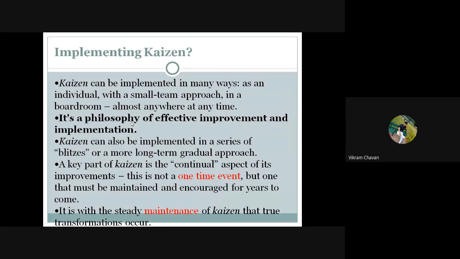Full stop. It's a philosophy of effective improvement and implementation.